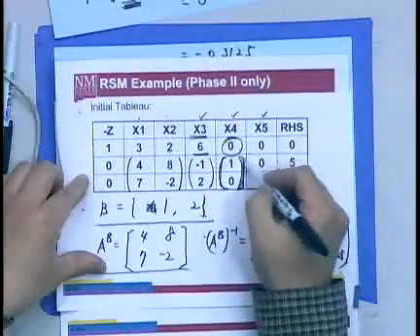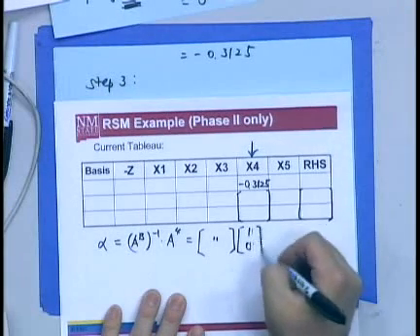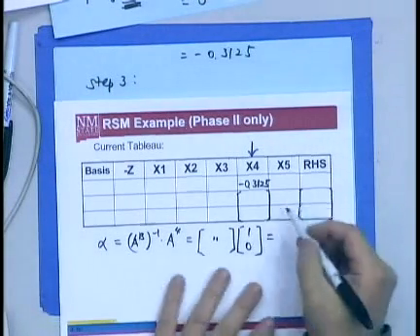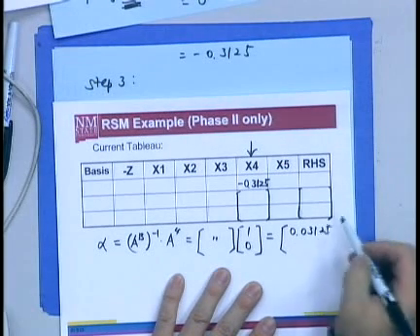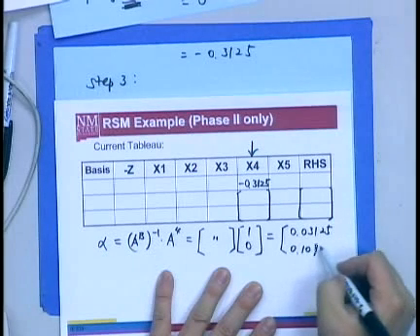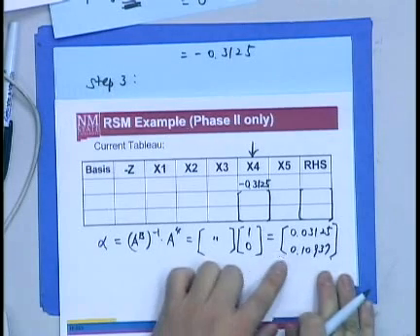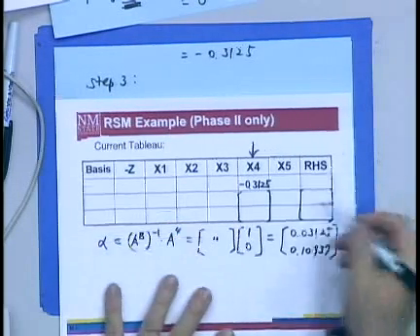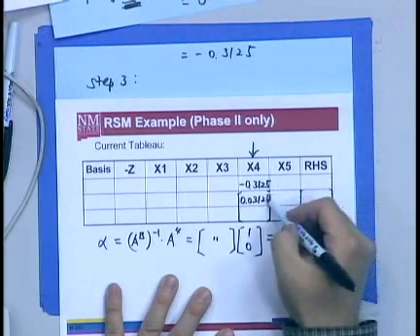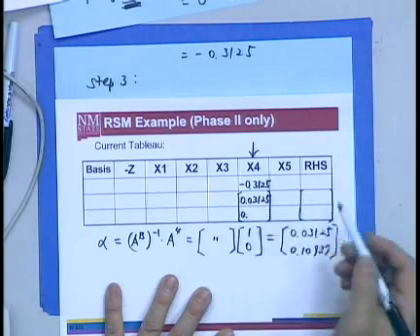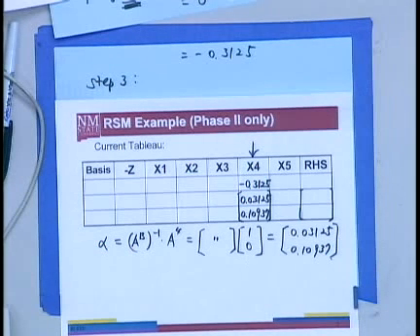A4 is 1, 0. Right? And I've got the values, which are 0.03125, 0.10937. Okay? So we can add this value to the current table, which is 0.03125 and 0.10937. Okay?